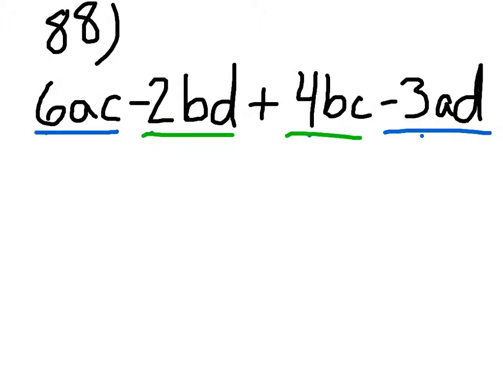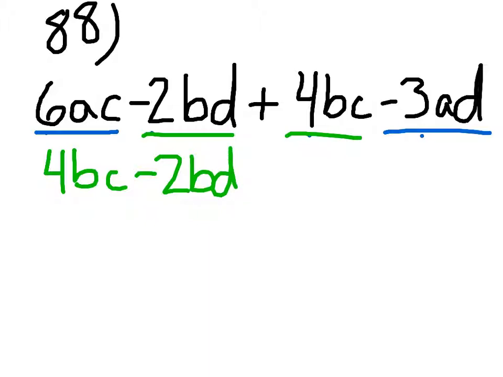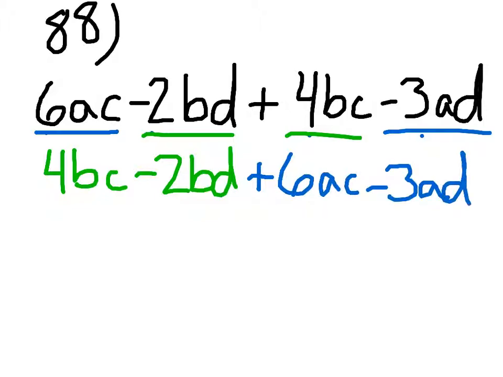So here we go. I'm going to go 4BC minus 2BD, and I'll rearrange the other ones as well, and we'll get 6AC minus 3AD. Now, I've used the colors, but what I'm going to do now is take common factors out of those little groups.